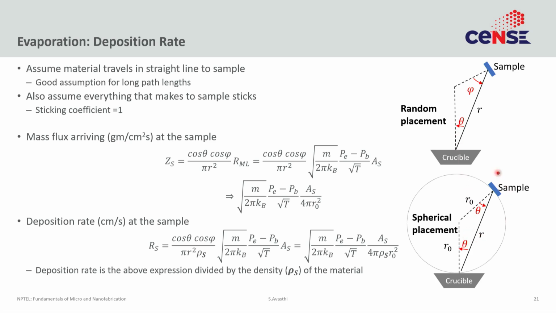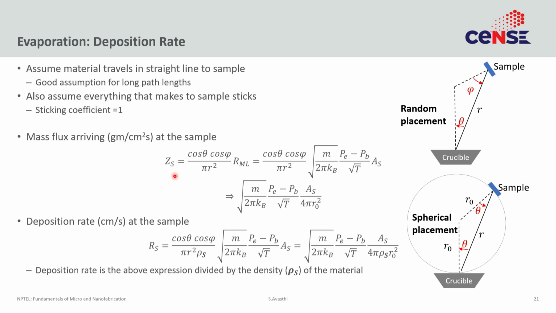In this special case, if you solve this equation, it simplifies to this. And this equation is completely independent of theta, it only depends on r naught, which is the same for every sample placed on this imaginary sphere. Any sample placed on this imaginary sphere will get exactly the same ZS independent of theta.